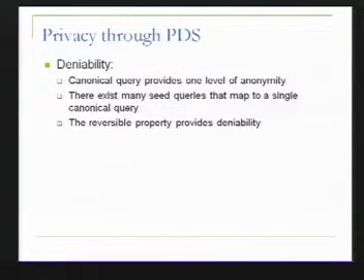Okay, so again, go back to this whole definition of plausibly deniable search. The deniability is because the canonical query already provides one level of anonymity, right? Because you are going to issue only standard queries, not any constructed form of user query.